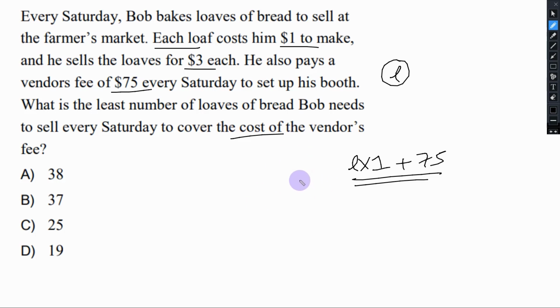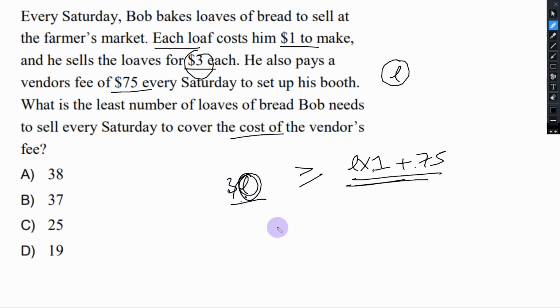So to at least break even, he needs to make 3L, so $3 for each loaf. So the relation between this and this should be greater than or equal to, because the amount he makes by selling should be greater than or equal to the amount he invested to make those loaves. So this will be the equation.